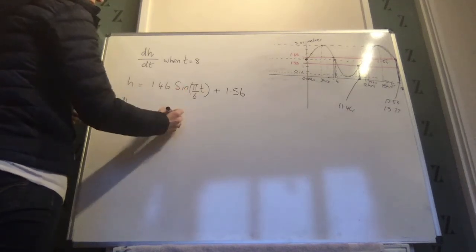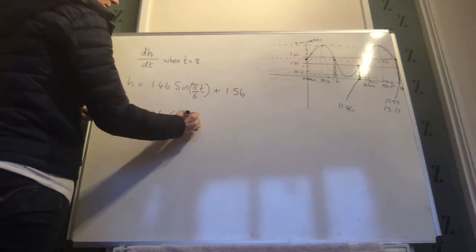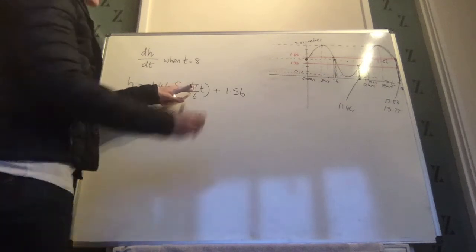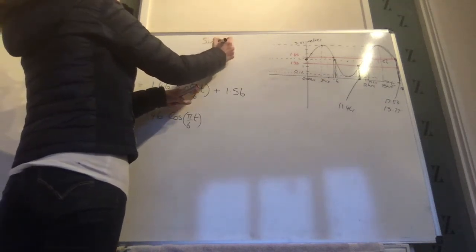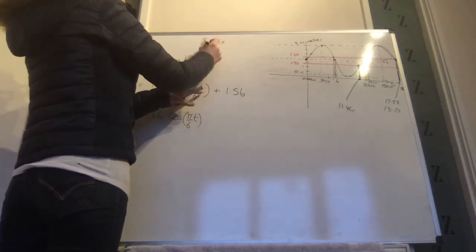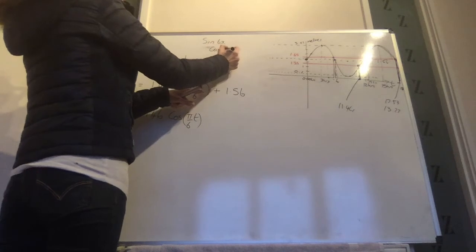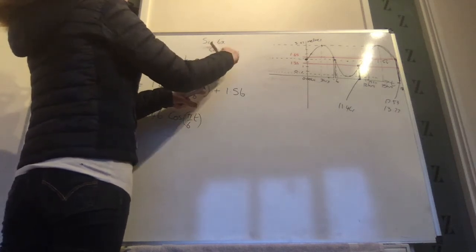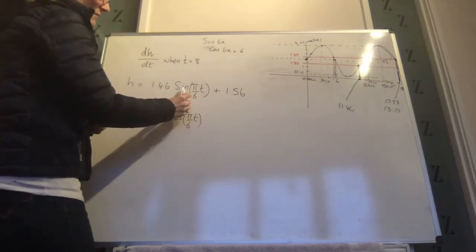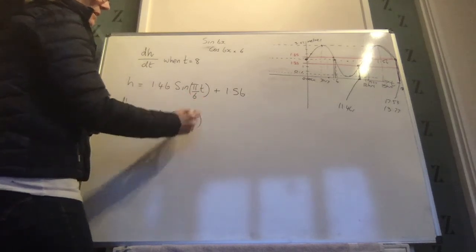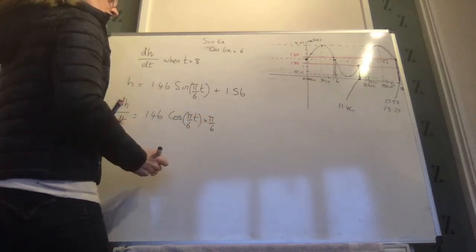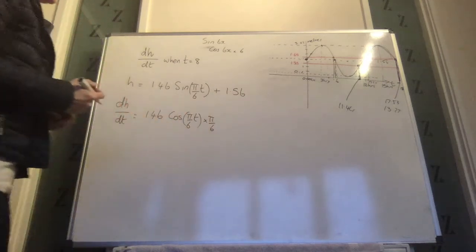When you differentiate sine u, you get cosine u, but then you have to multiply by the u bit differentiated. So when we differentiate sine of pi over 6 t, we get cosine of pi over 6 t times pi over 6. And when you differentiate a constant, you get 0.